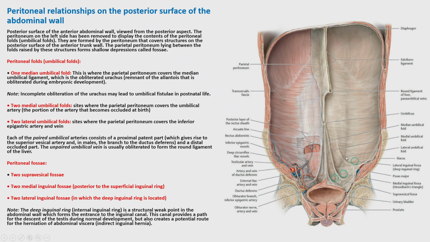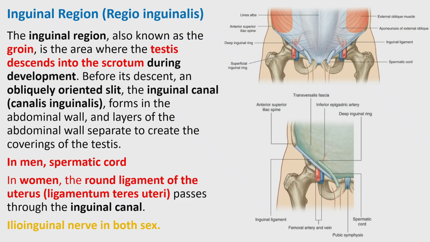And finally, lateral to the lateral umbilical fold is the lateral inguinal fossa, which is the place for the position of the deep inguinal ring. Here is the place for the superficial inguinal ring, and it is also a place for hernia of the inguinal canal. They ask you in the exam. So here is the explanation of these folds and fossae, which is very, very important.